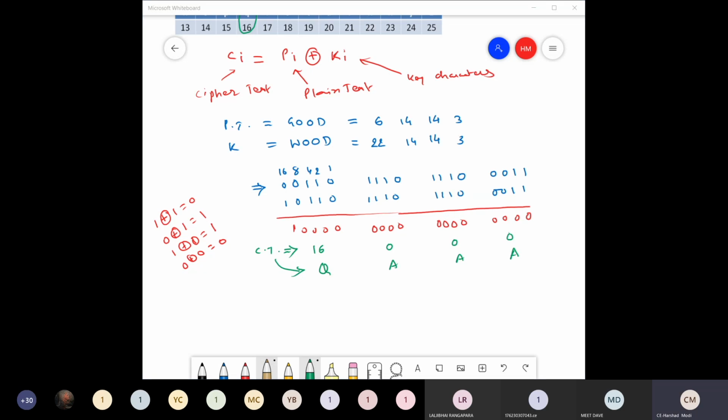In decryption, we have to follow the similar technique with the ciphertext and key, and we will get the plain text. So this is all about the Vernam cipher.